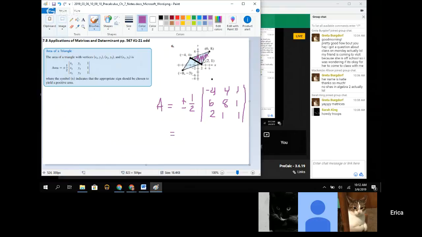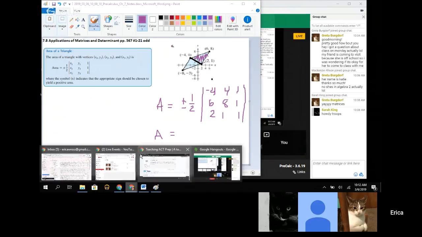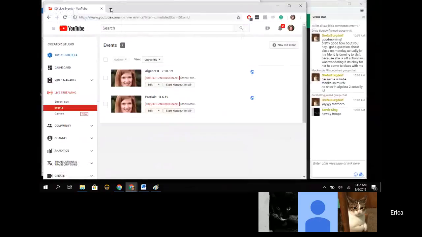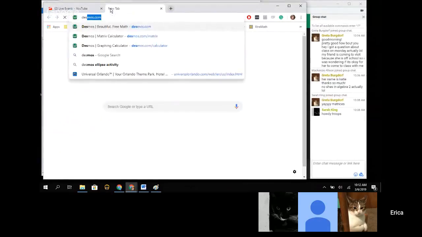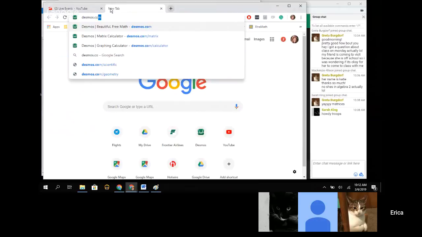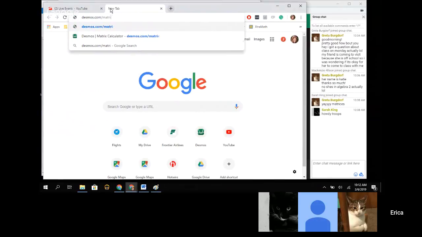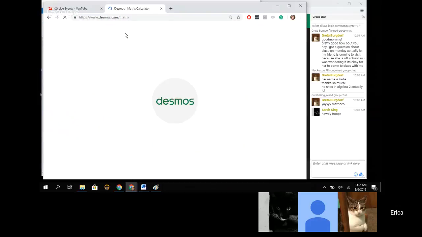So for time's sake, and since we spent a ton of time on Monday talking about finding determinants, let's go to desmos.com/matrix. And let's find the determinant of that matrix.